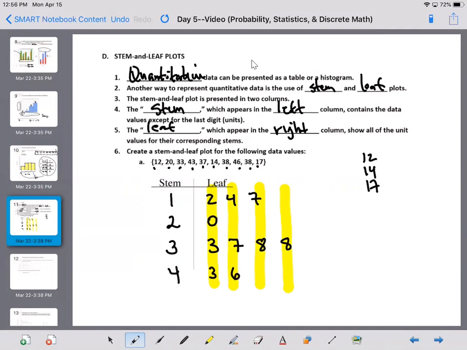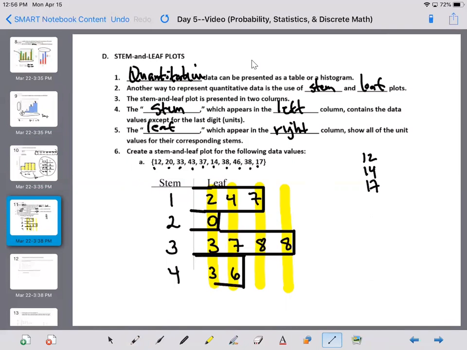And then if you're working on your paper, what you can see as well is if you have everything scaled correctly, you can draw your rectangular bars around and show that if you rotated it, you would see a histogram.